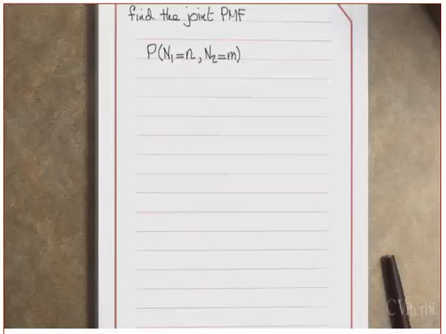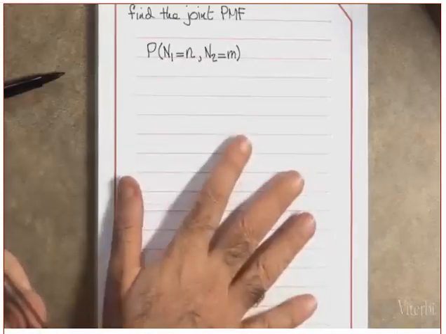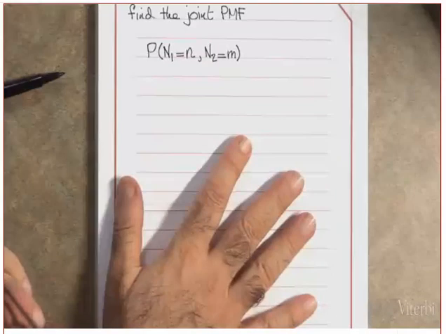This axis is N. 0,0, 0,1, 0,2. This axis is M. 1,1, 1,2, and so on.